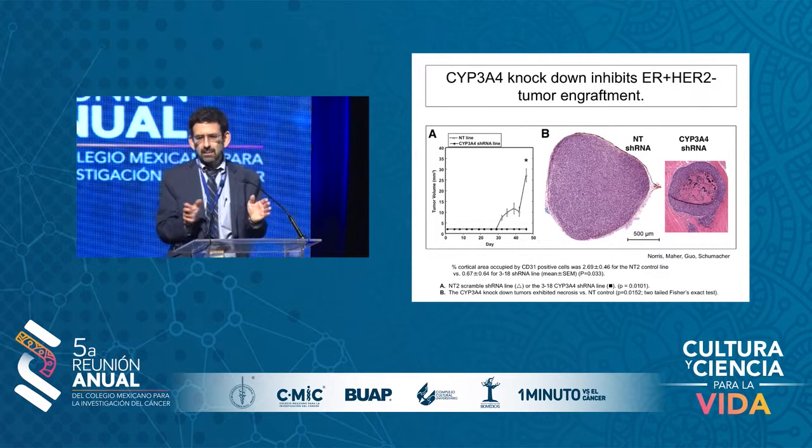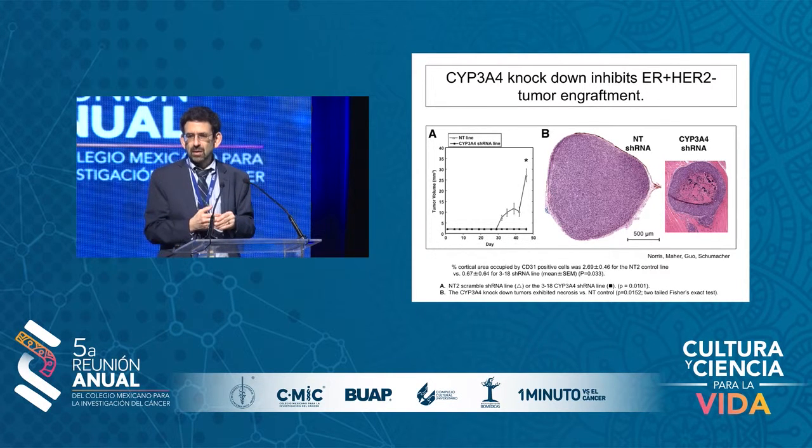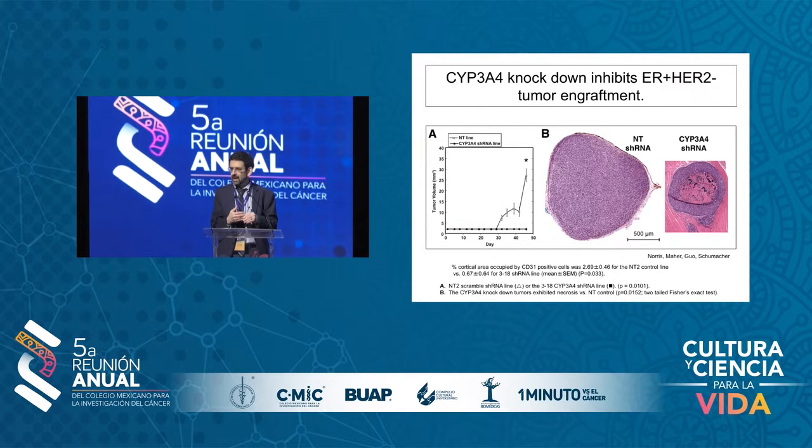So we took the CYP3A4 knockdown cell lines and planted them in the mouse mammary fat pad, and we found that these MCF7 cells did not grow. And what they did was they formed these small nubbins of tumor, which were not palpable, and in which angiogenesis was inhibited.